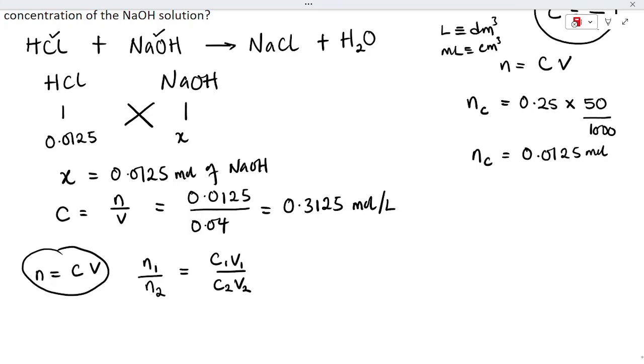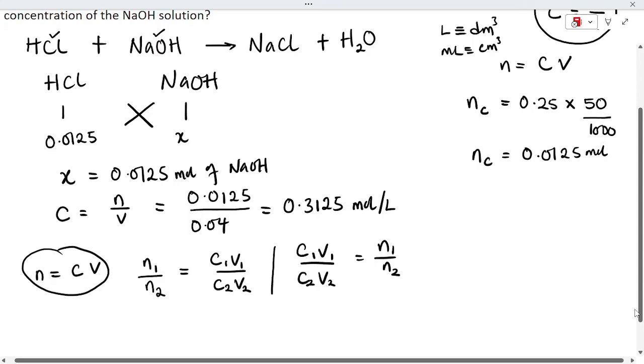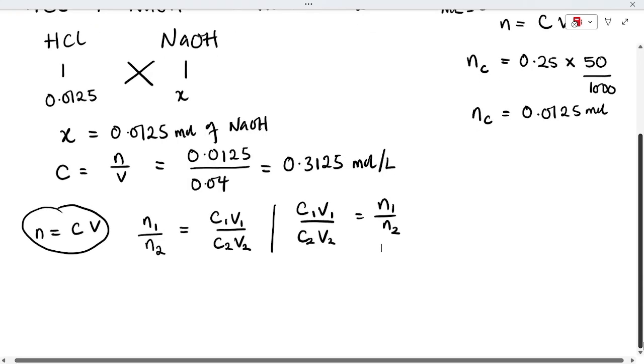And this is practically the formula that you have. In most cases, it is used this way: C1V1 over C2V2 equals N1 over N2. As you can see, it is practically mole ratio, just exactly what you have been solving since. But like I said, this one now simply looks as if it is a formula.